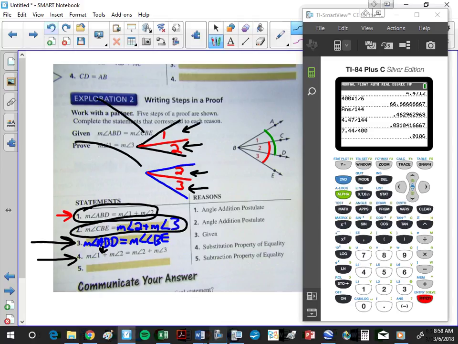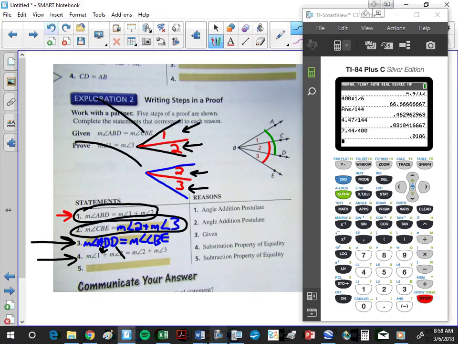So I'm just building this proof step by step. I said the black angle is 1 plus 2, and then I said the blue angle is 2 plus 3, and then I said the black angle and the blue angle are the same size, which means that 1 plus 2 and 2 plus 3 are the same size. And if you look there, they both have a 2.